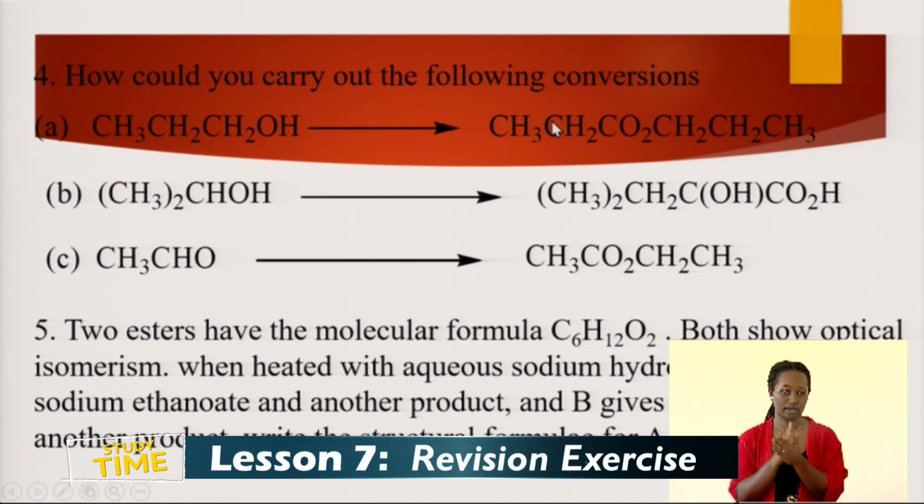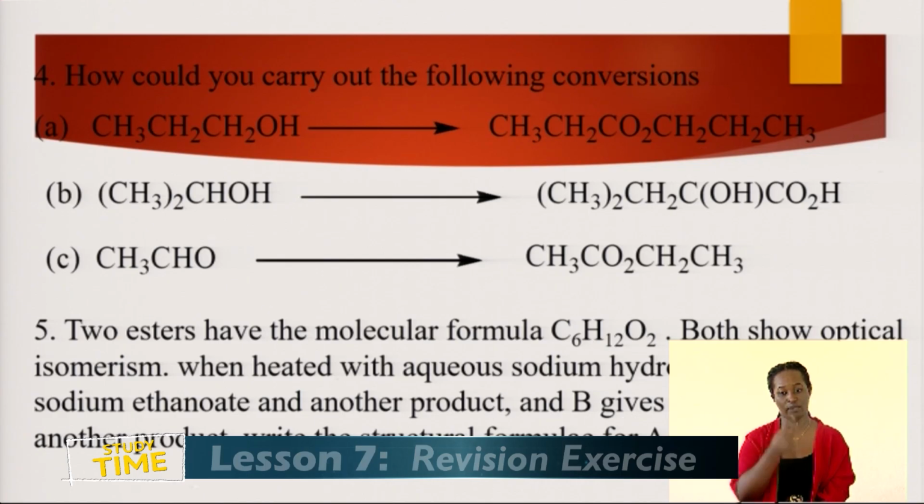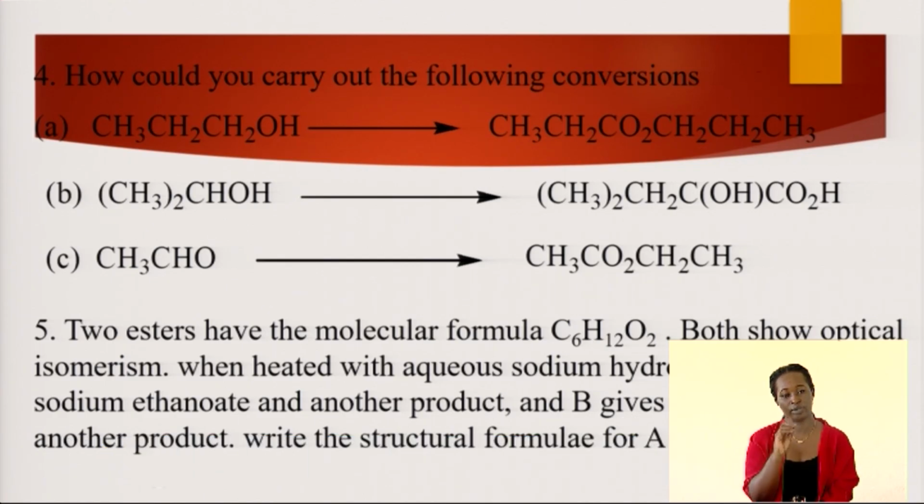So if we have two compounds, propanol to the ester that is formed. Allow me to remove this part. So you need to first prepare the carboxylic acid. So you are going to oxidize that alcohol, which is propanol.